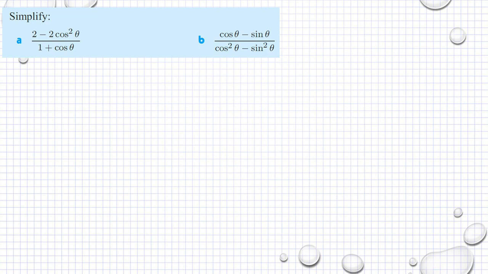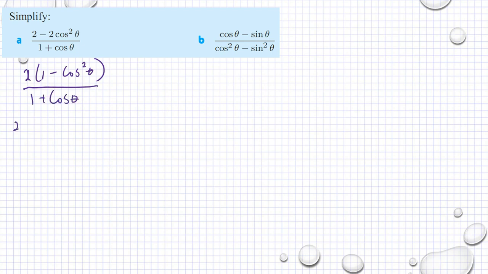Simplify. Another example. The common factor there is 2, and then 1 minus cosine squared theta divided by 1 plus cosine theta.